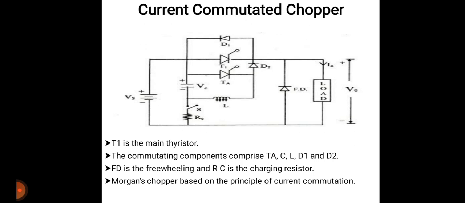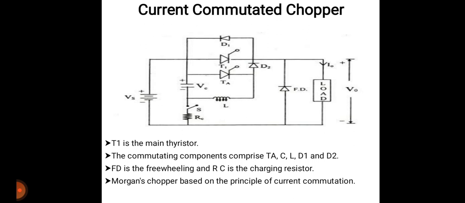Simplifying assumptions of the chopper are: load current is constant, SCRs and diodes are ideal switches, and charging resistance RC is so large that it can be treated as open circuit during the commutation interval. Like the voltage commutated chopper, energy for current commutation comes from the energy stored in a capacitor.